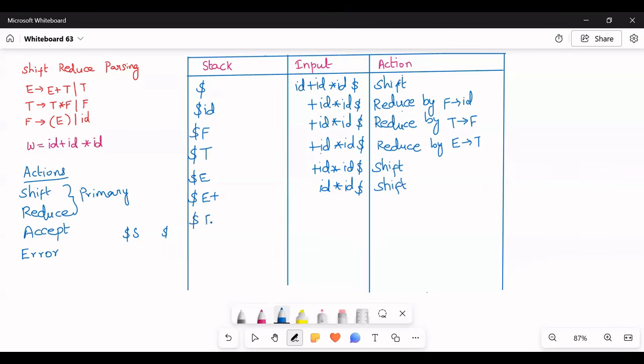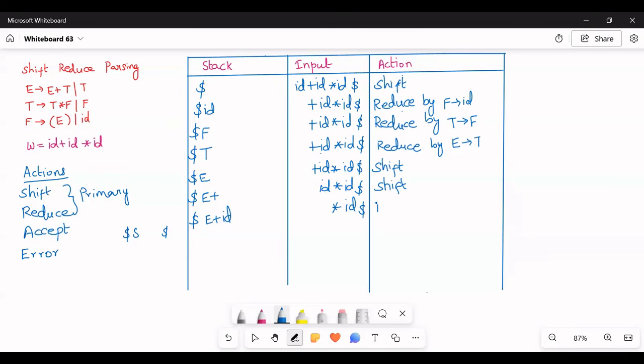Dollar E plus id. id is shifted. So the remaining string is star id dollar. Next action is to replace id. Here E plus id is not a handle, but id alone is a handle, right? F tends to id is a production.